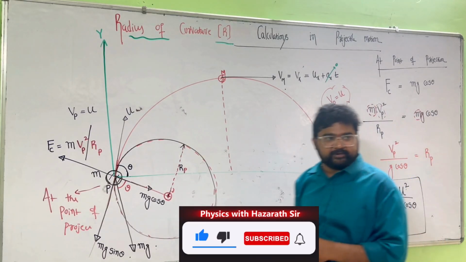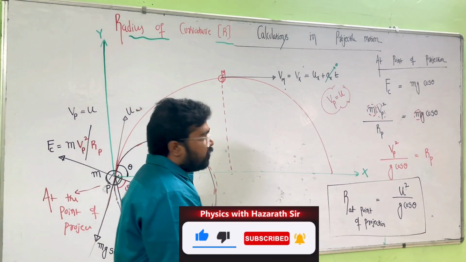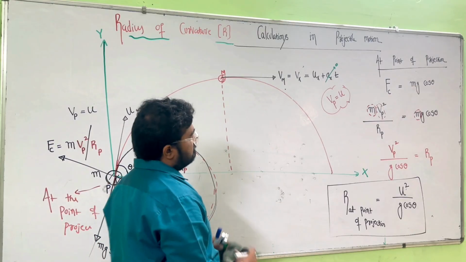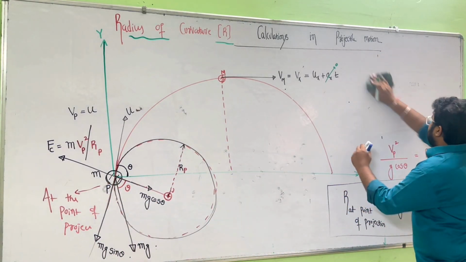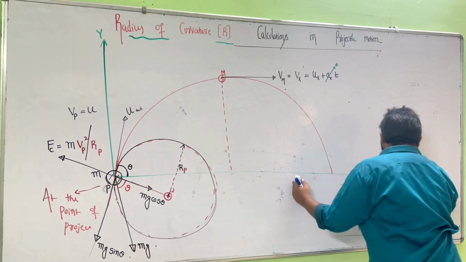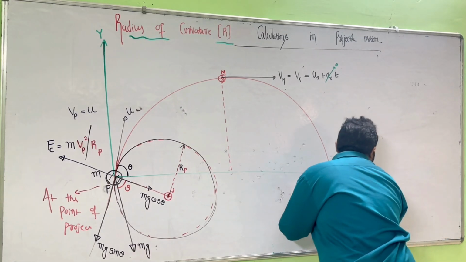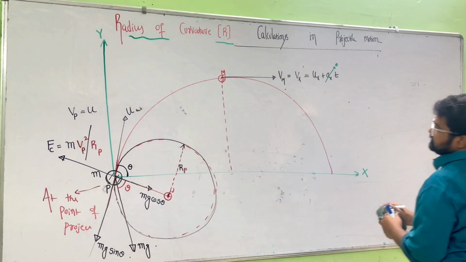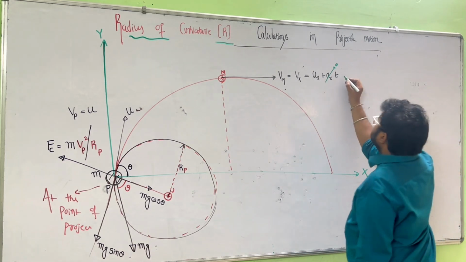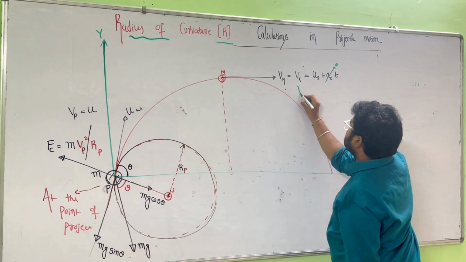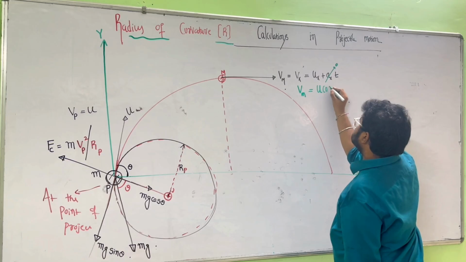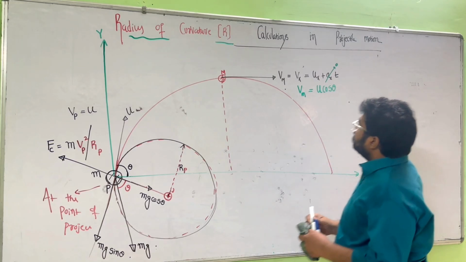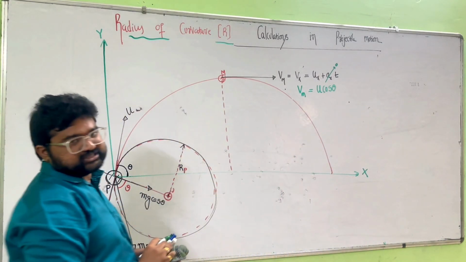This part is completed. Understood? So Vx, or Vm, equals Ux, which equals U cos theta.